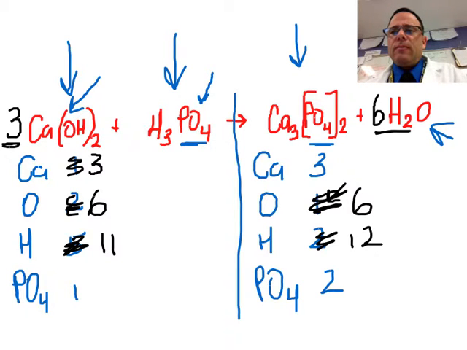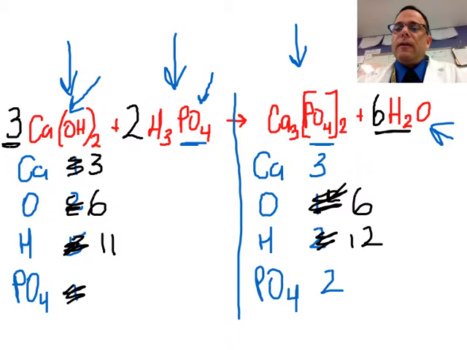There's still an issue. So what else can I do? Oh, I noticed my phosphates are not matched. And what I can do here is I can make that a 2.